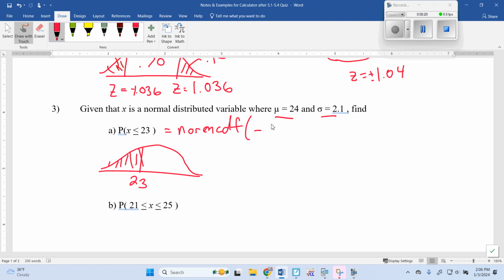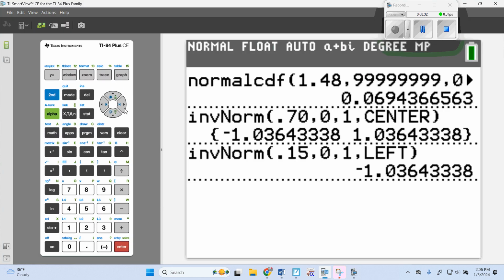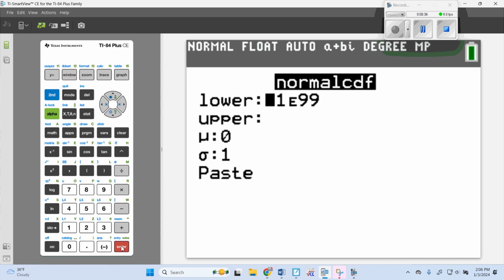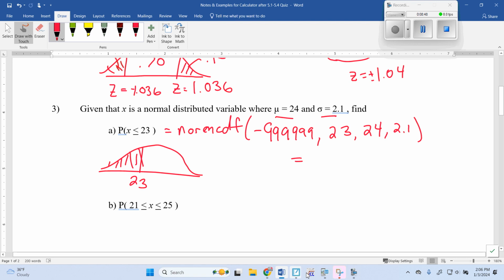So my lower is going to be negative 9999, upper 23, 24, 2.1. So now if we go to the calculator, always CDF, lower is negative 999999. Upper was 23. My sigma is 24. And what was my 2.1?